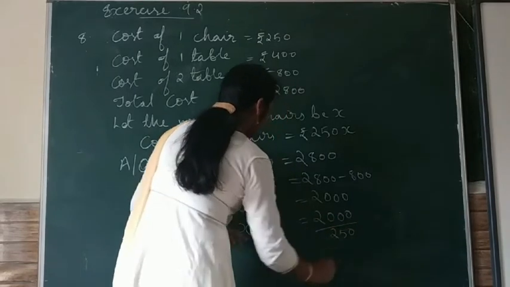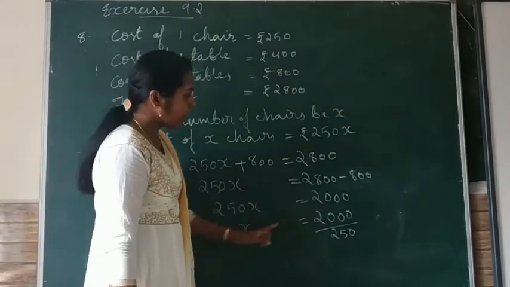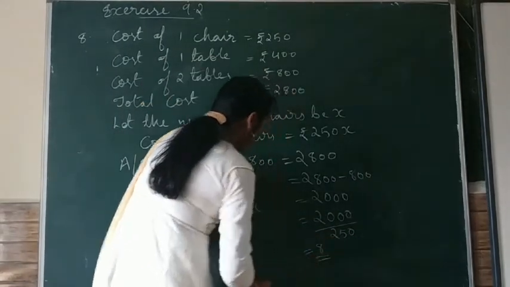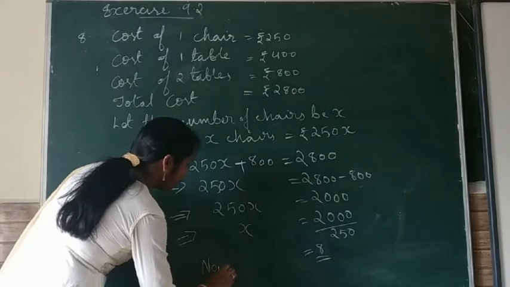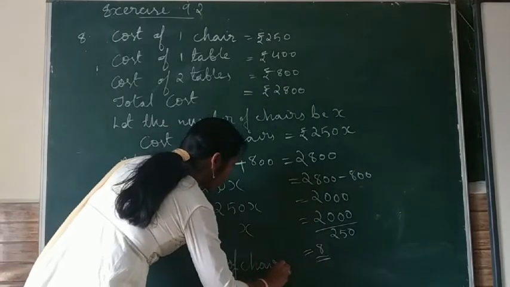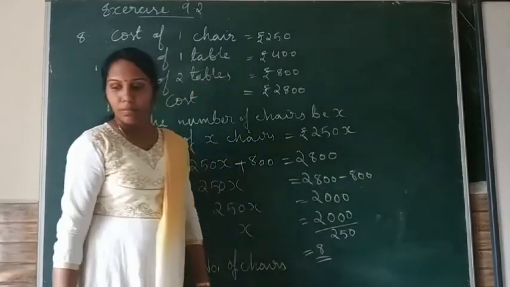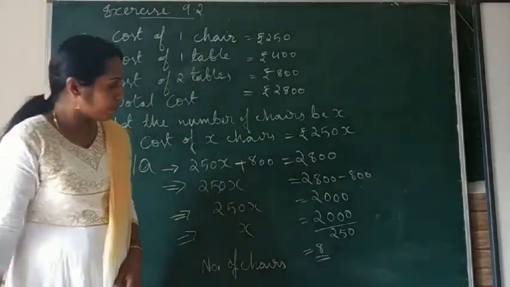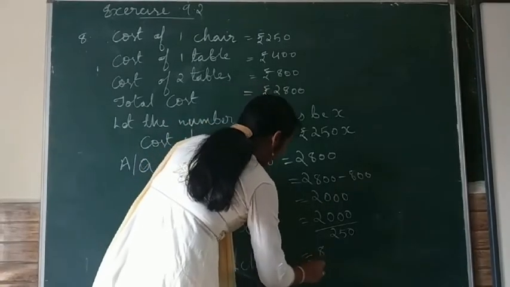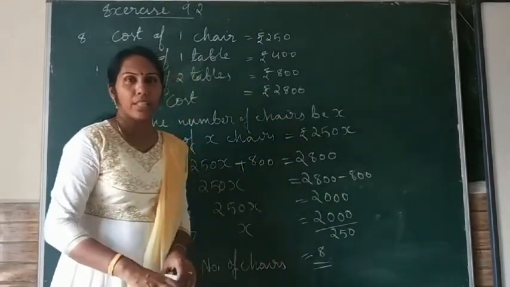Dividing both sides by 250, we get x is equal to 2000 by 250 and that is equal to 8. So the number of chairs purchased is equal to 8. So the answer is 8. Number of chairs is equal to 8.